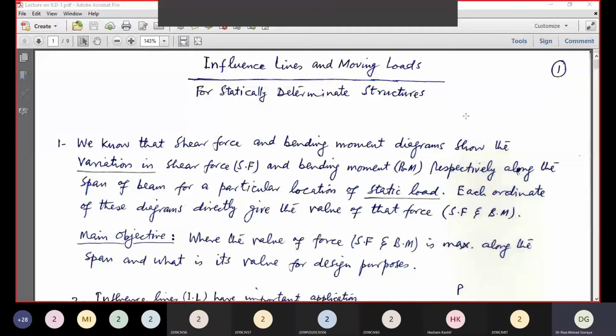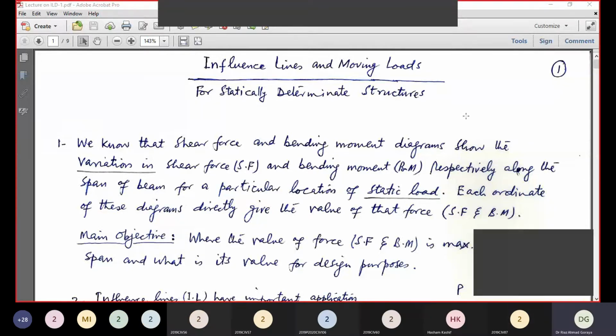Yes, influence lines and moving loads for statically determinate structures. We know that the shear force and bending moment diagrams show the variation in shear force and bending moment respectively along the span of the beam for a particular location of static load.